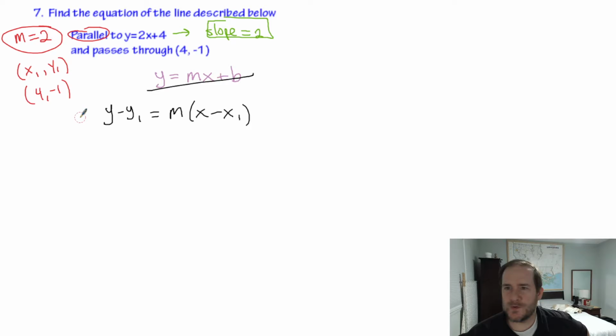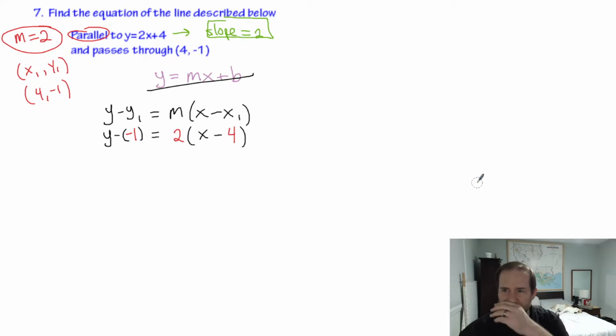And so to use this equation, you'll plug in the given point. 4 will be your x1, so the 4 goes here. Negative 1 will be your y1, so that goes here. And your slope will be the 2 that we found, so the 2 goes here. So you'll have y minus negative 1 equals the 2 times x minus 4. So there's everything plugged in.